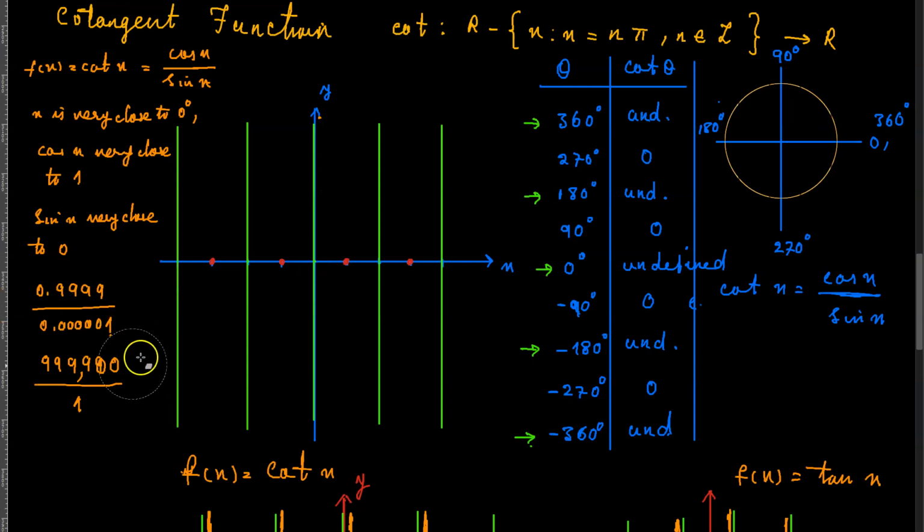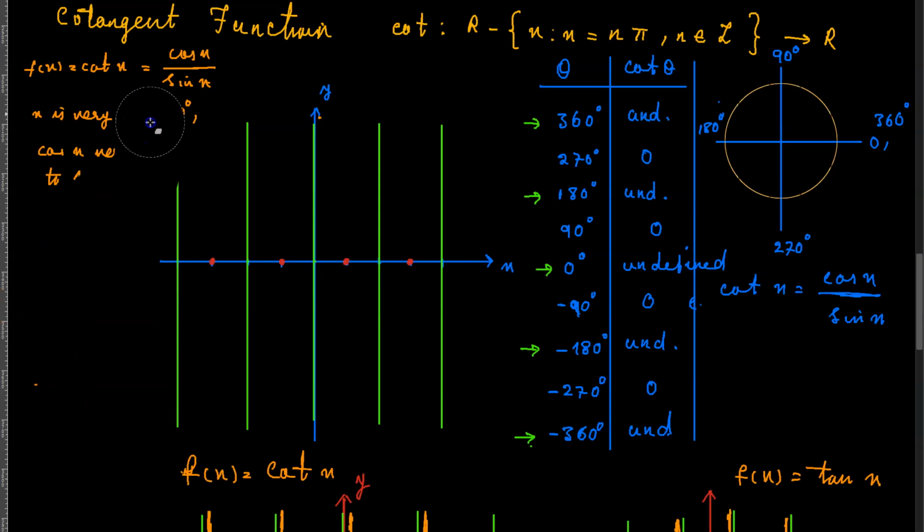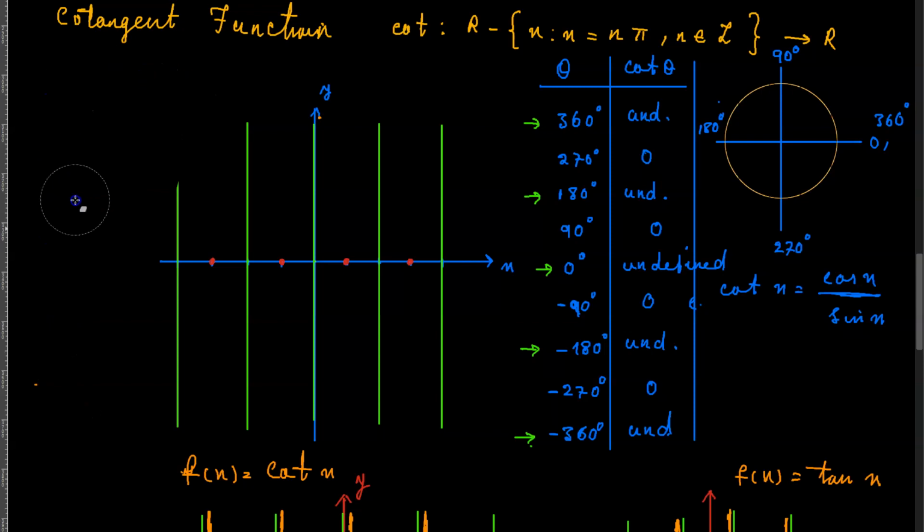And now what happens is that, when x, let's go halfway through, and let's see what happens at, for example, 45 degrees. So when x is equal to 45 degrees, then cos of 45 degrees, as you know, is equal to square root of 2 over 2.